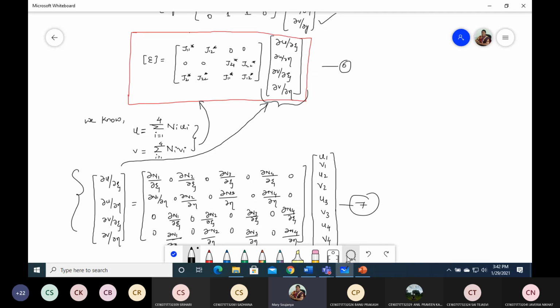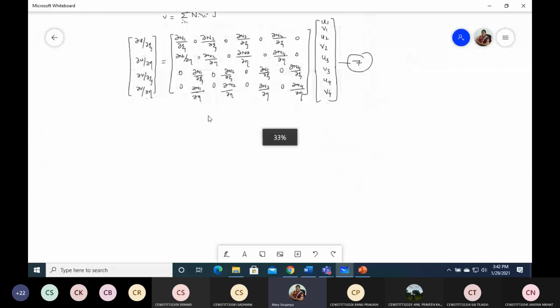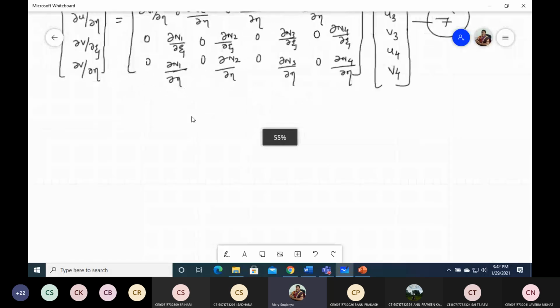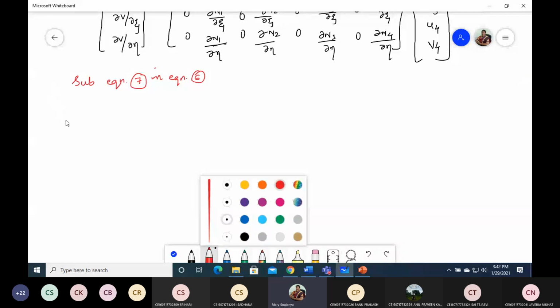Substituting equation number 7 in equation number 6. What do we get? I'll write it in this way.